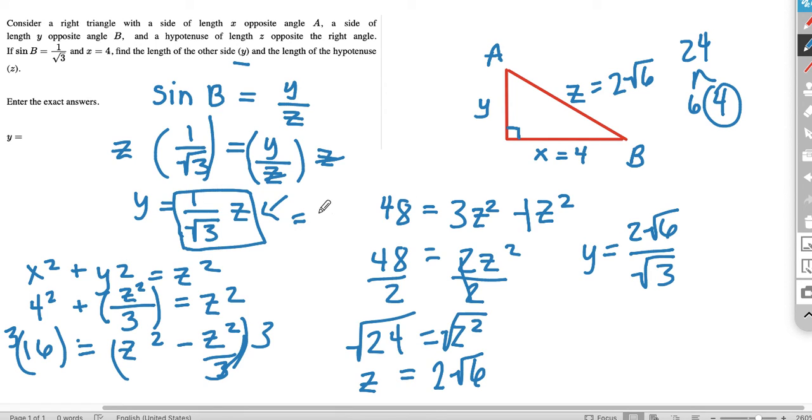This could be written as z divided by square root of 3. So now here, these are all under the square root sign, so it's legal for me to divide, and that divides nicely, and then I'm just left with square root of 2 there. So 2 square root of 2, and that's my answer for y.